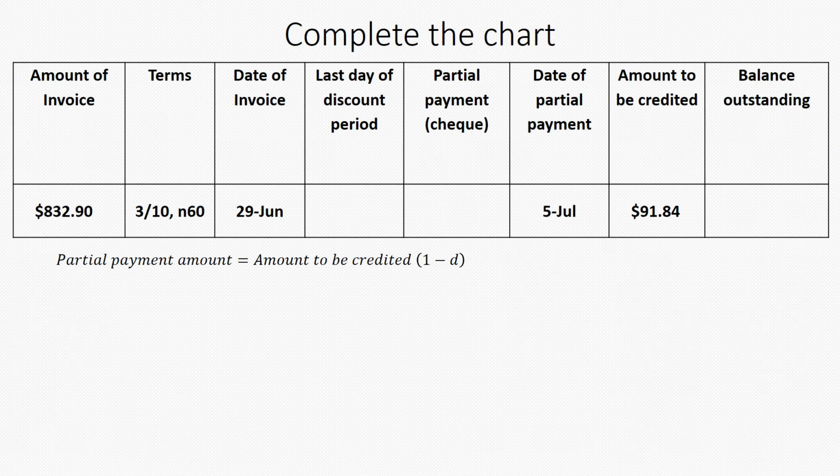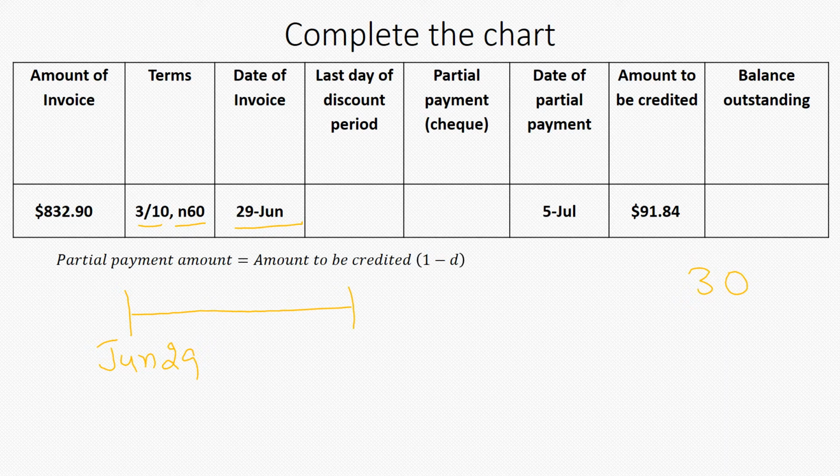Second row, again the date of invoice is 29th June, right? And the terms are 3/10, n/60. It's ordinary dating. Let's start from June 29th, right? 10 more days. Now June is of 30 days, right?